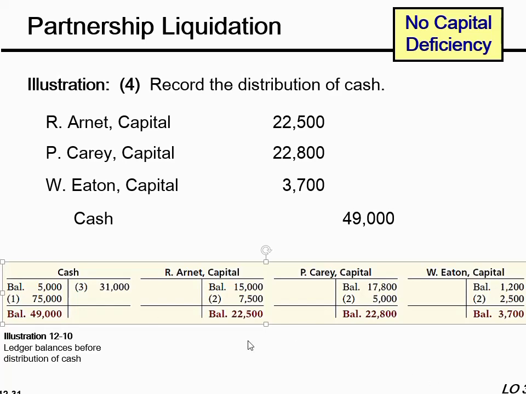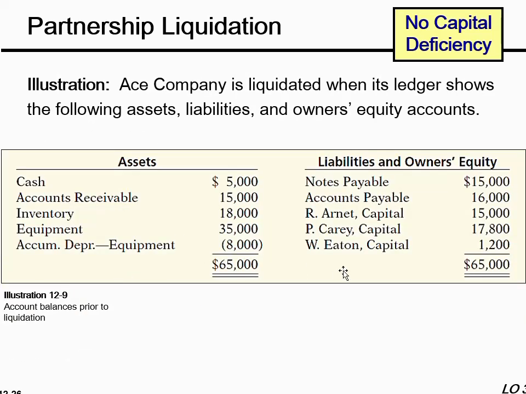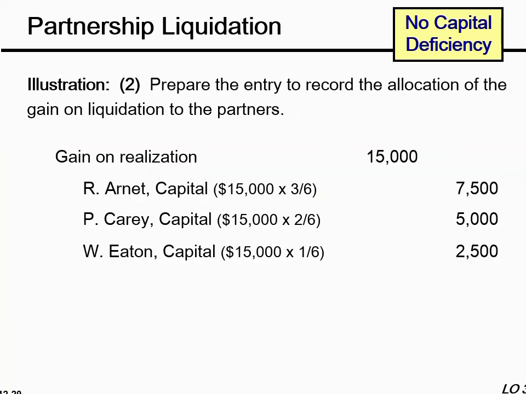Now let's check updated capital balances for all the partners. If you see here, this is my opening balance sheet. Ant has 15, Carrot has 17,800, and Eton has 1,200. But we distributed the gain, so their capital balances have increased because of journal entry number 2, right?